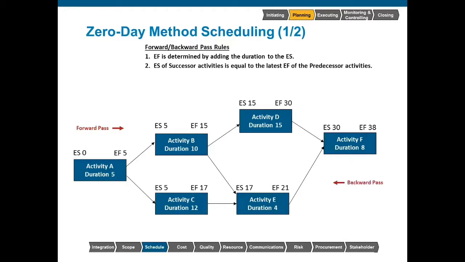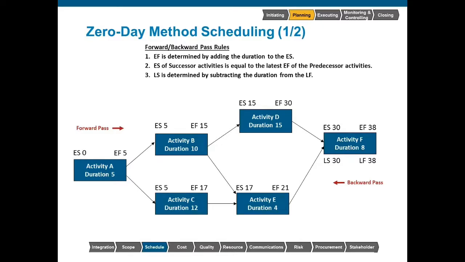Now to start a backward pass, we simply take the early finish of our last activity, and we drop it down, and that becomes the late finish of that same activity. The rule on the way back is we take the late finish, subtract the duration, and that becomes our late start. Late start is determined by subtracting the duration from the late finish.